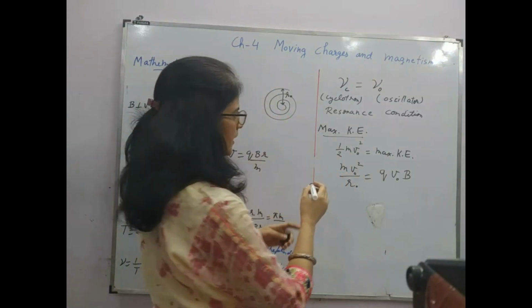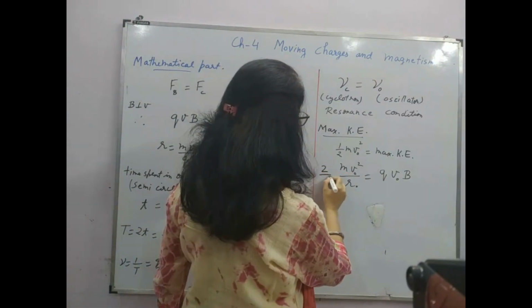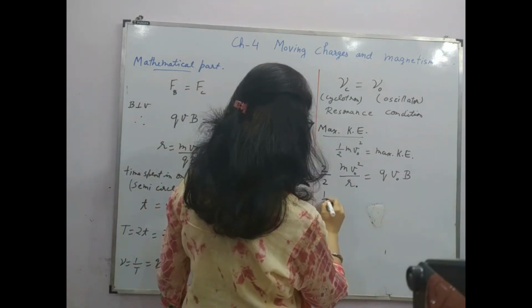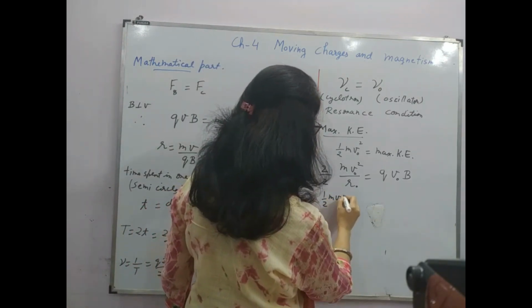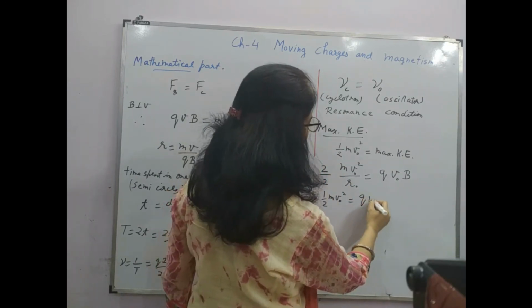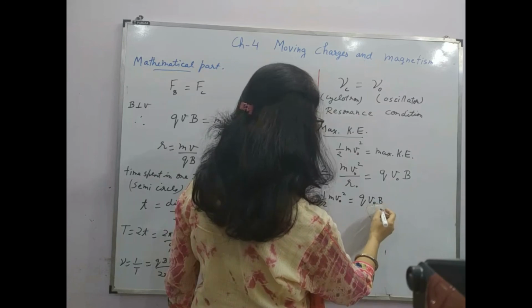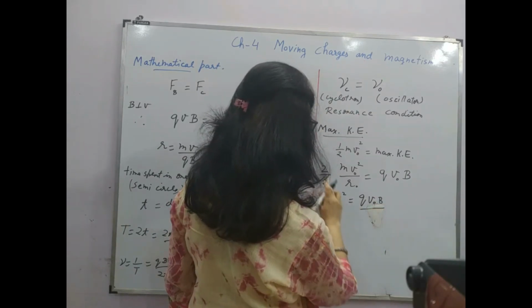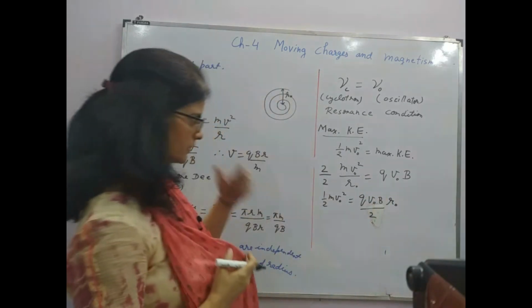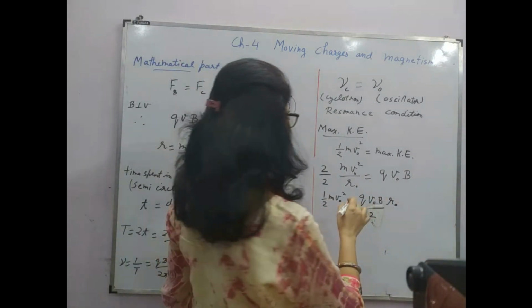So this we will write like this. Here we can multiply and divide by 2. This will give me half mv naught square on one side. Rest of the things I can shift on the other side upon 2 R naught, right?